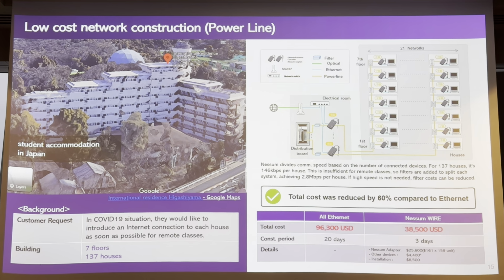The recommended speed for video calls is said to be 1.2 Mbps, and this example achieved it. Cost was reduced by about 60%. It should also be noted that installation was completed in about 1/7 of the time. That's a good result.